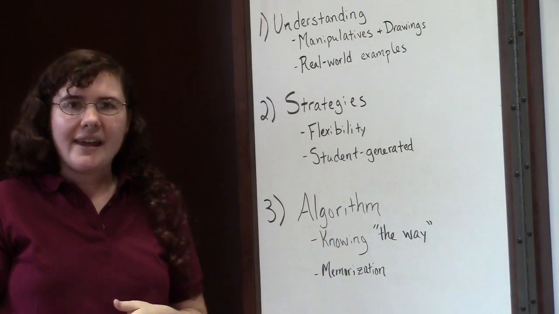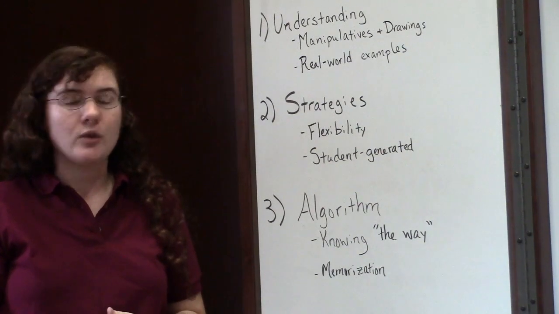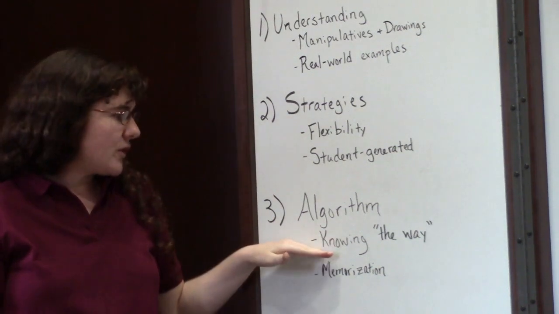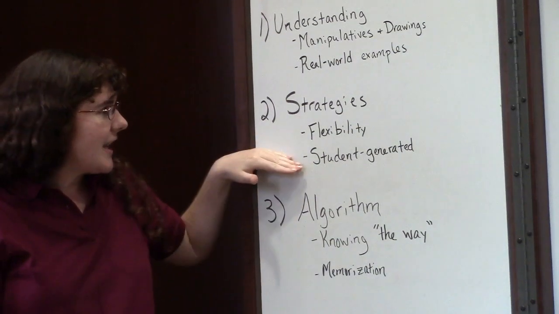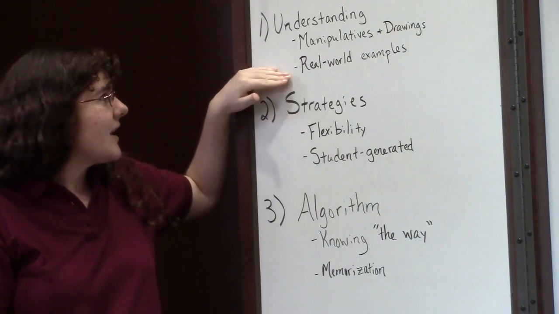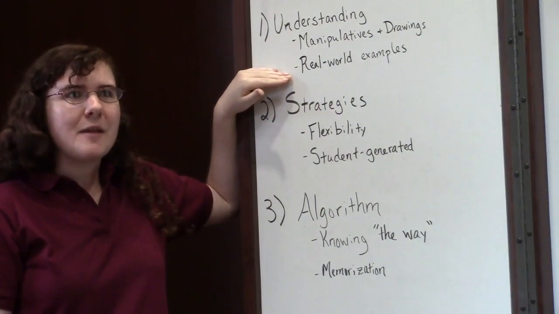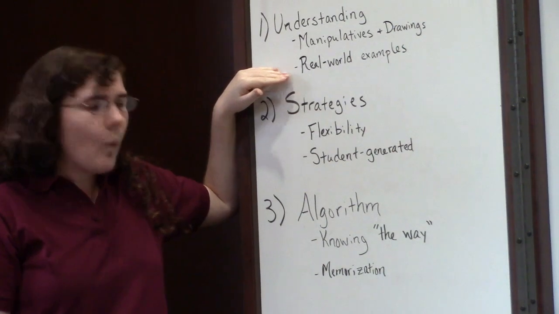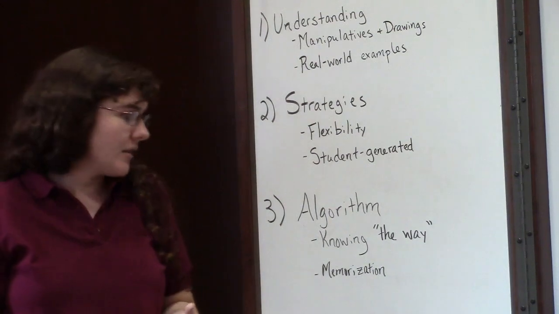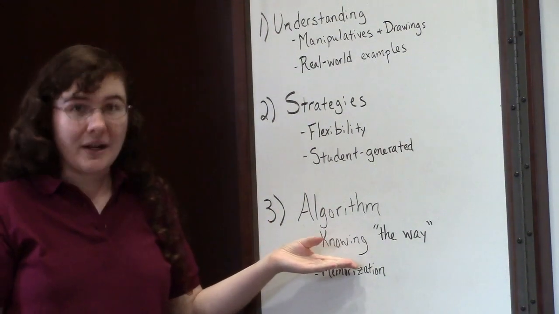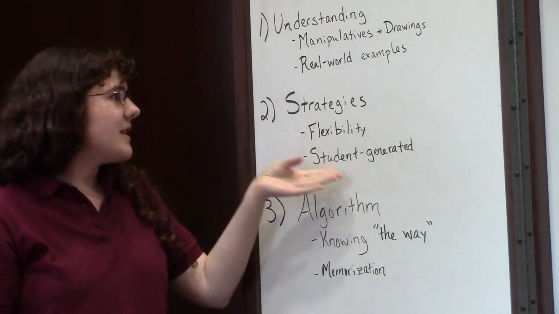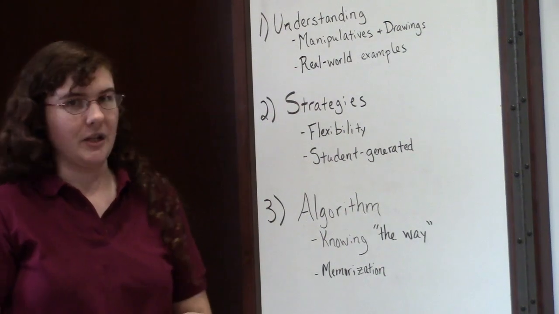There's one set way that everybody eventually learns, but you don't want to have them learn that first, because if they learn this too fast and they haven't had time to look at the strategies, they haven't developed much number sense, if they haven't had enough time to spend on the understanding, they might not even understand what this skill that you've taught them how to do is, how it applies to anything. So eventually, you'll want to teach them the one right way of doing this and have them memorize things. But these 2 steps are important parts of the learning process.